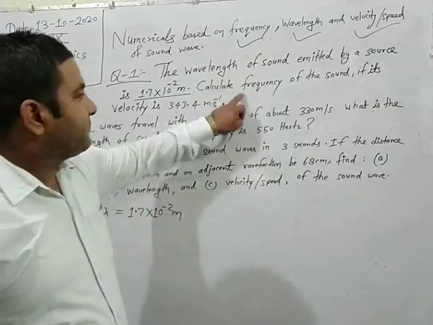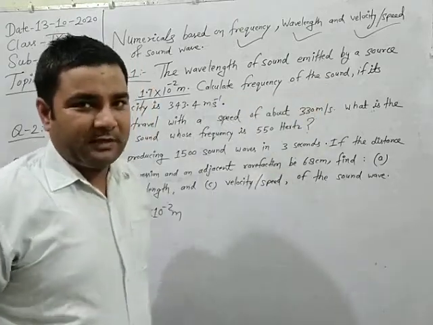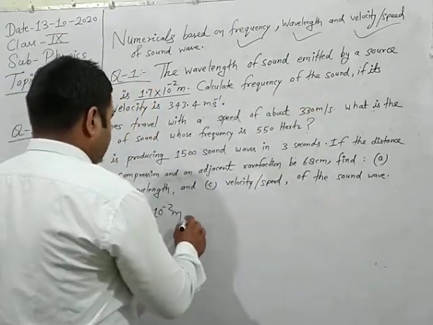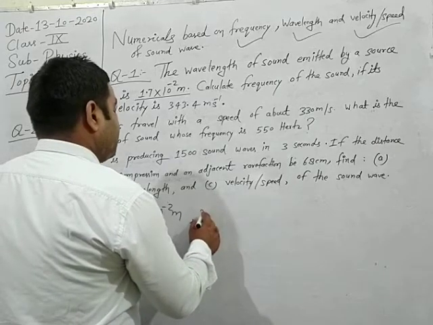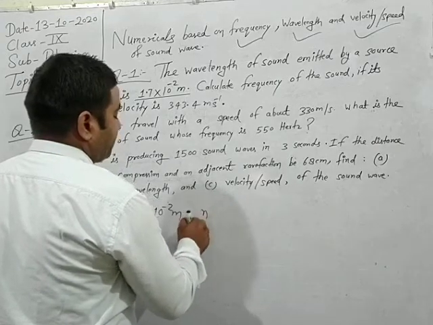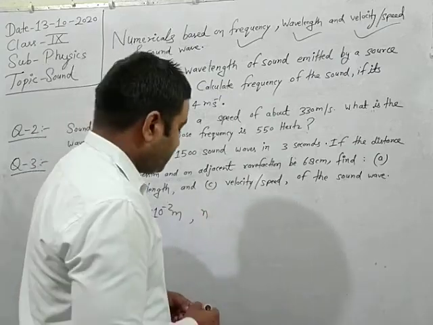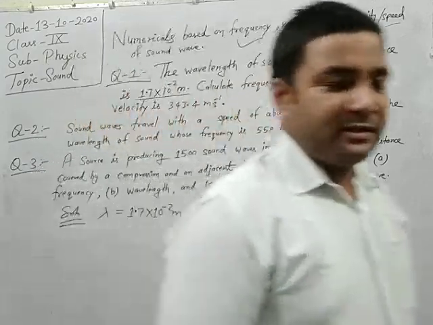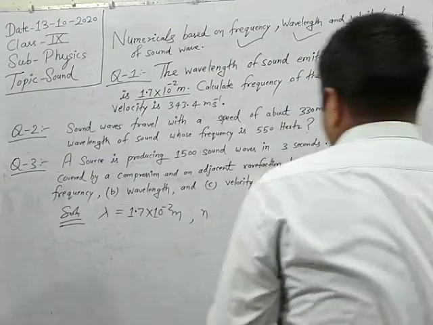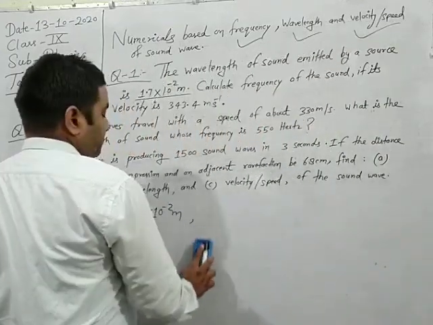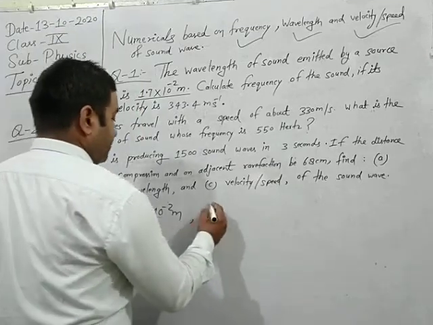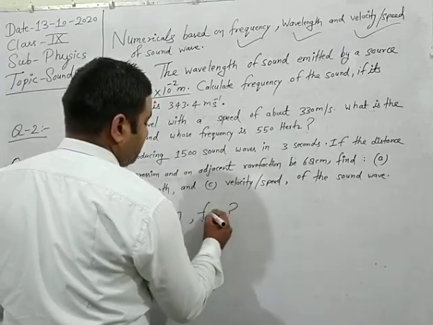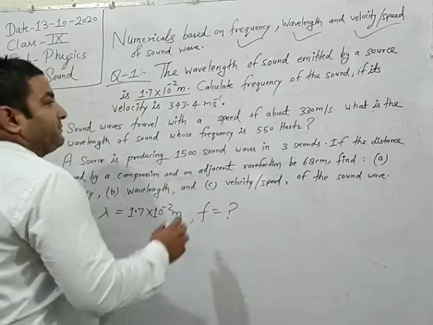And calculate the frequency of the sound. We have to calculate what? Frequency, that is n or nu, or in some cases we can represent it by f. So f we have to find out. And what is further given?